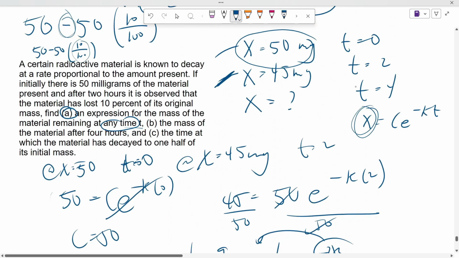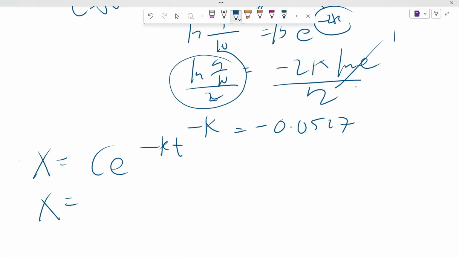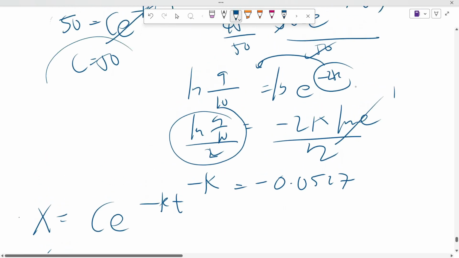So, yung tinatanong is an expression for the mass of the material remaining at any time. So, maggagawa lang tayo ng equation dyan. The formula is C e raised to negative KT. Yung X, wala tayong lalagay dyan na X now, guys. Yung C natin, ano? 50.